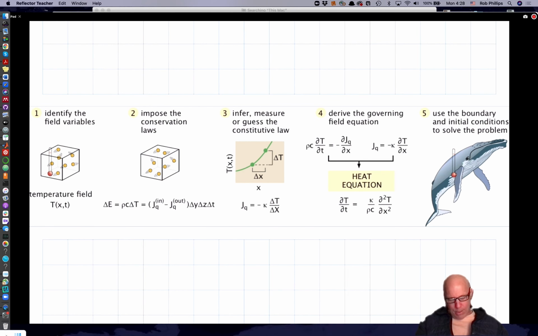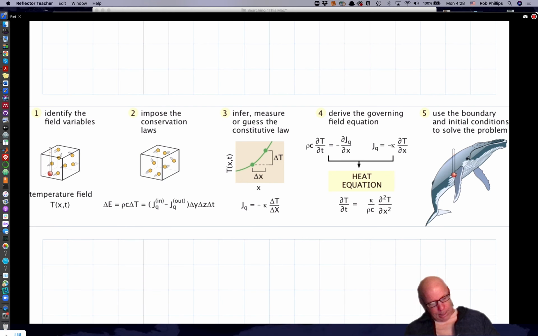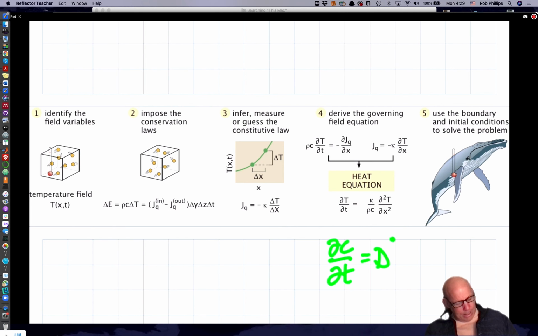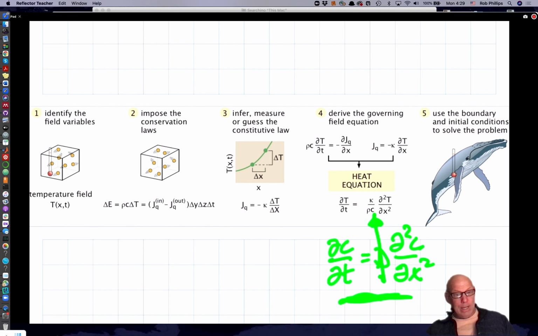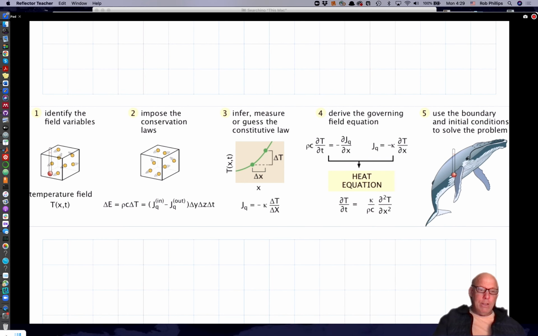Here I'm just showing you how the continuum theory protocol applies to the temperature field, which culminates in the so-called heat equation, which, if you're studious or paying attention a lot, you'll notice has the same form as the diffusion equation, which is really cool because what we're noticing is that there's kind of a direct analogy where, if we replace concentration with temperature and we replace the diffusion coefficient with the ratio of the thermal conductivity to the specific heat times the density, these two equations are the same.